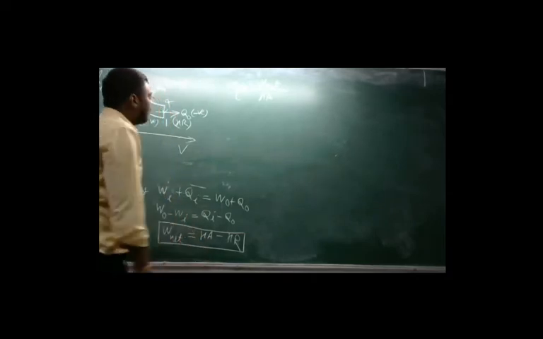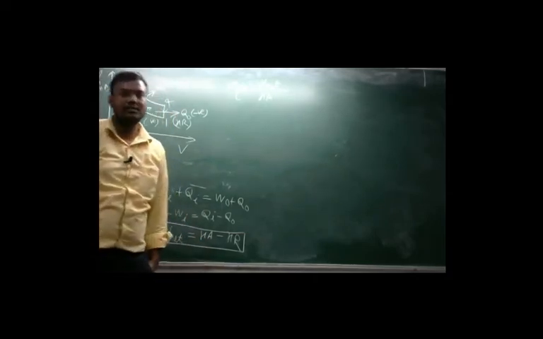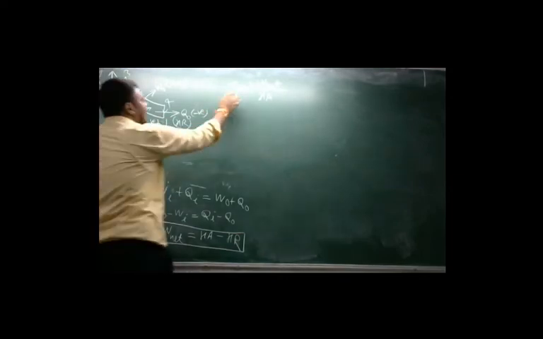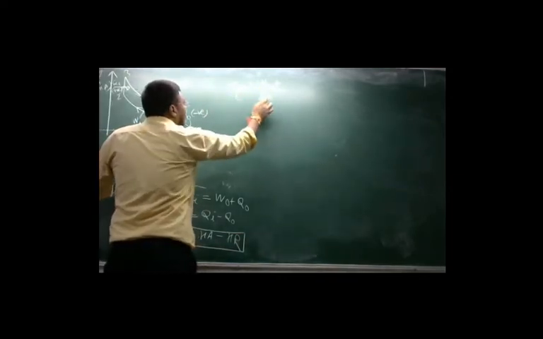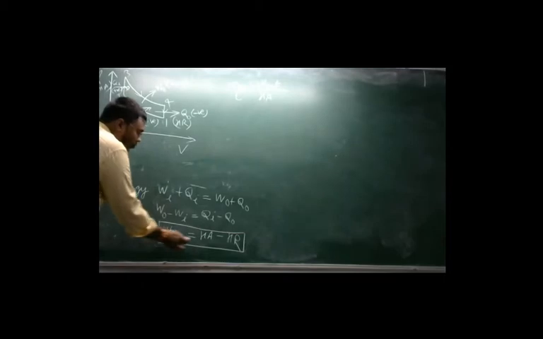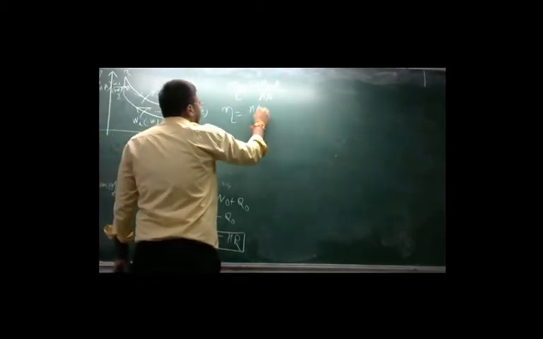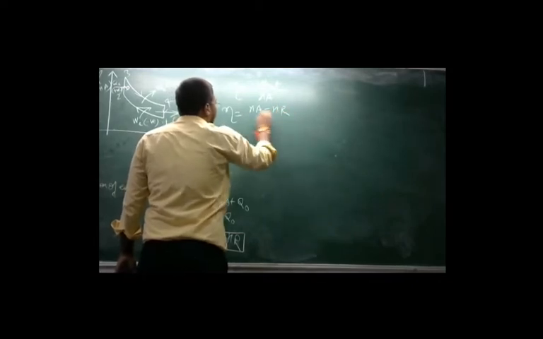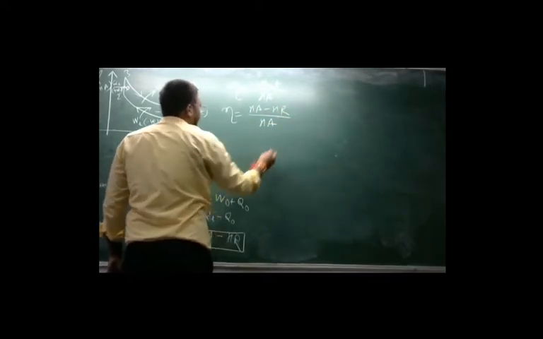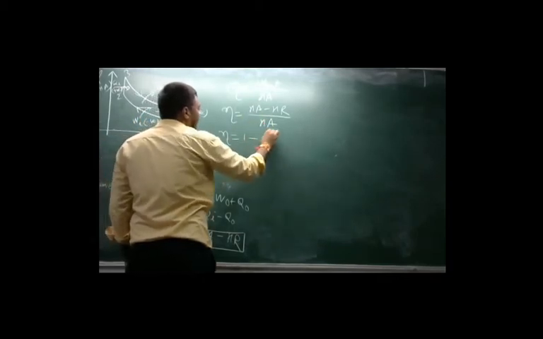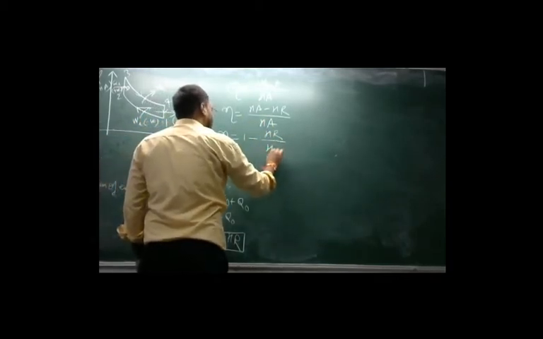What is the general formula for efficiency? Output by input. So here we can say efficiency should be equal to net work output divided by total heat input. From here we have seen that W net equals heat addition minus heat rejection. So eta equals heat addition minus heat rejection divided by heat addition. So this will become 1 minus heat rejection by heat addition.